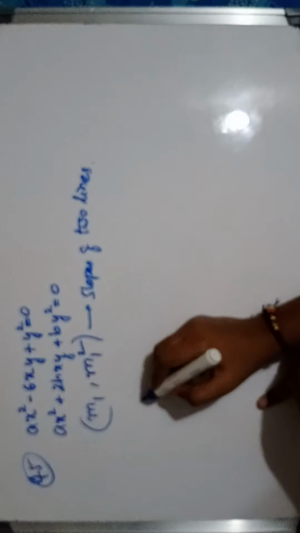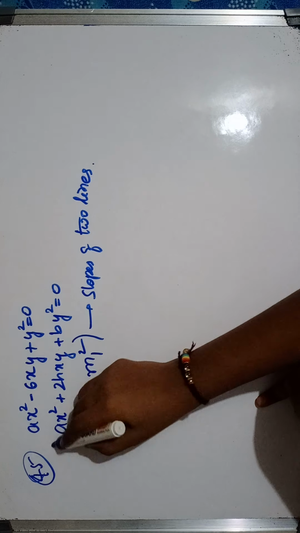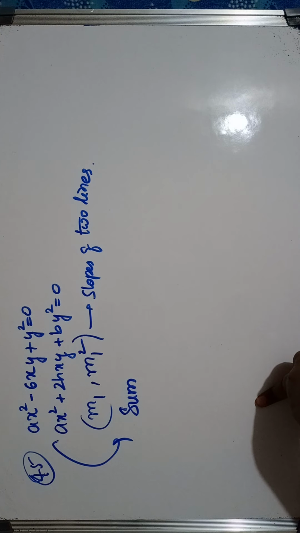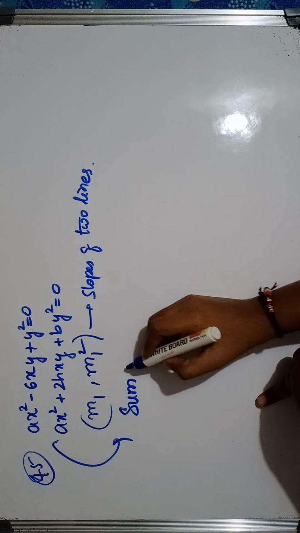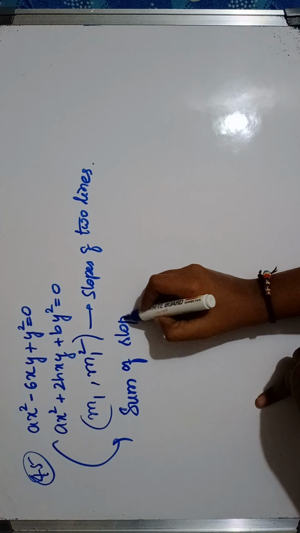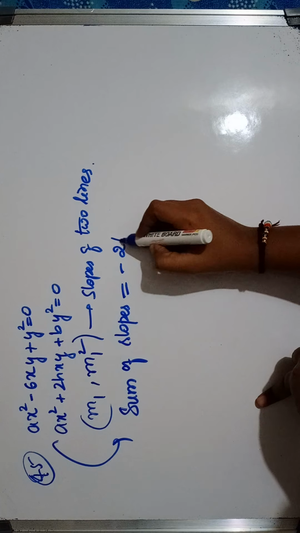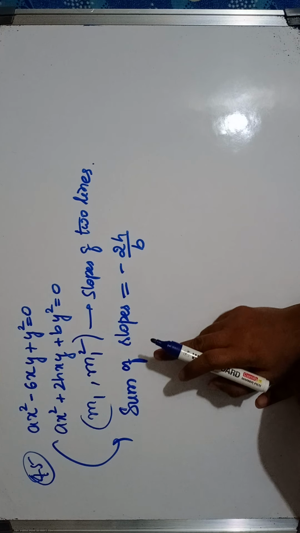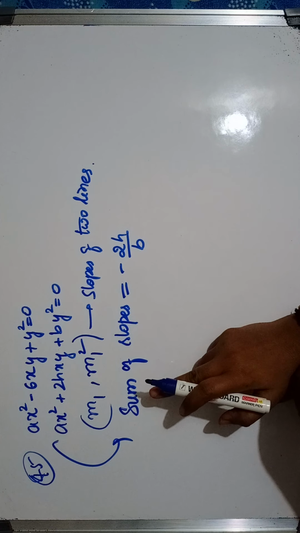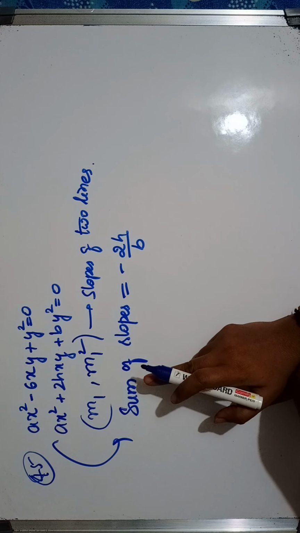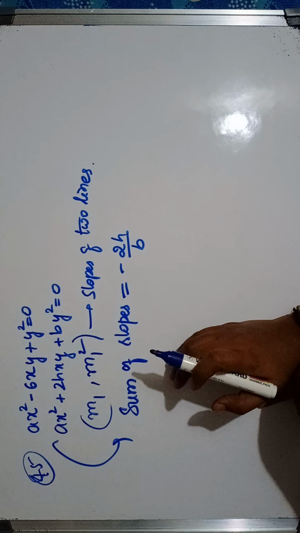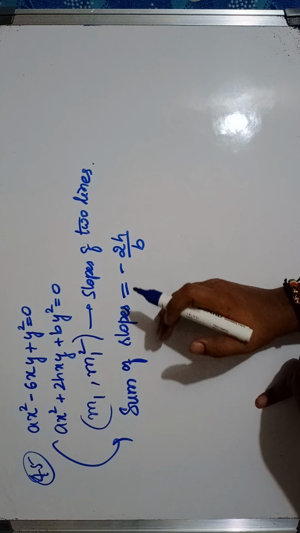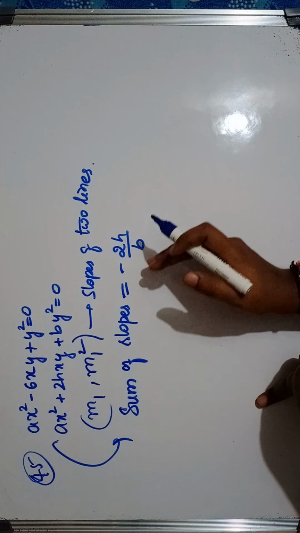See, for this standard form of lines, the sum of the slopes will be equal to minus 2h by b. You should remember this condition. If the given equation of lines is in the form of ax square plus 2hxy plus by square equal to 0, then the sum of the slopes is equal to minus 2h by b.